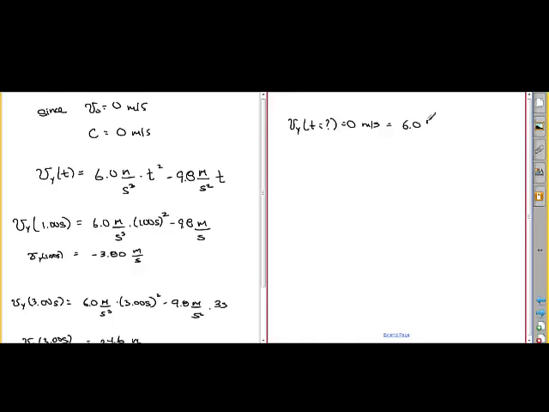Okay, so you get 6 meters per second cubed t squared minus 9.8 meters per second squared times t.